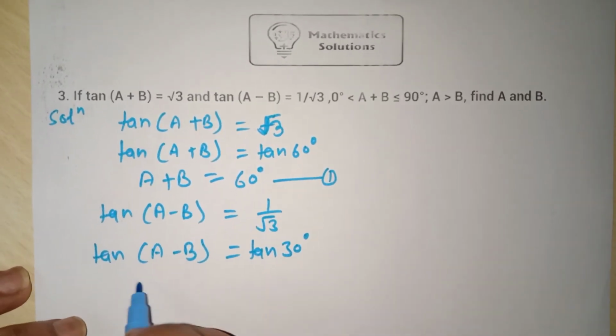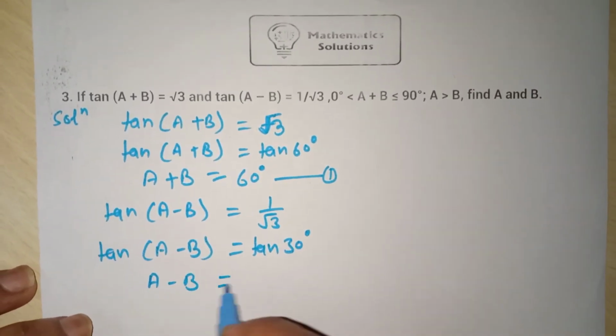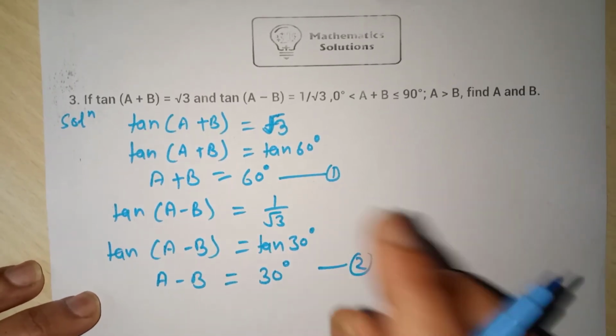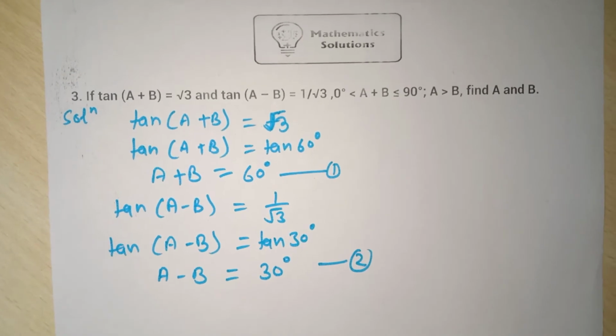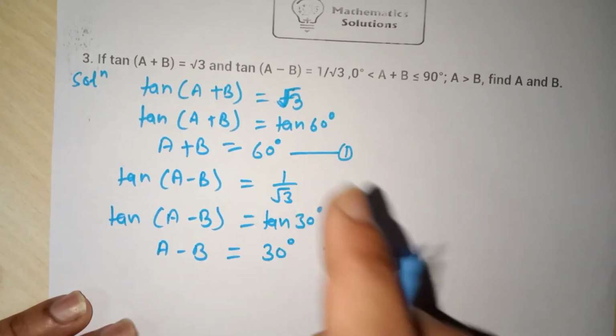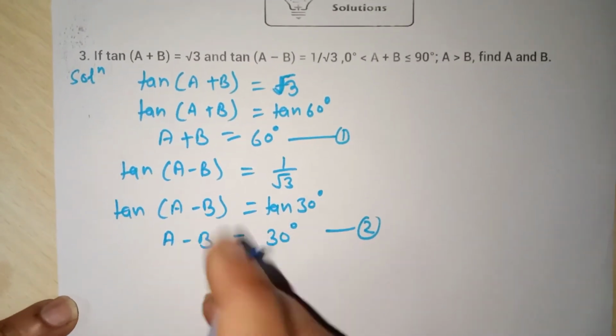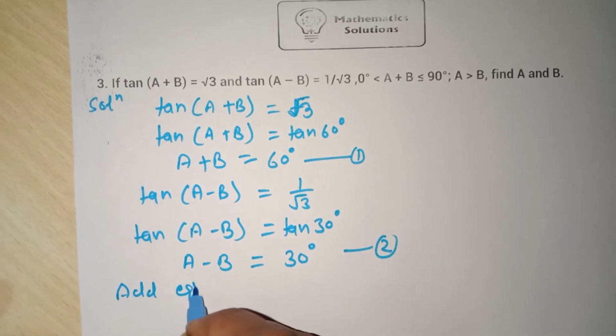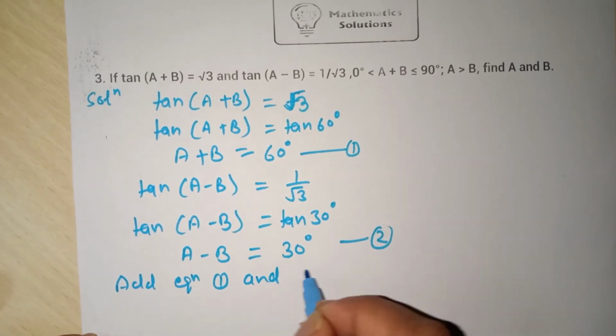Now compare the like terms. We get A minus B is equal to 30 degree. Now we have two equations, and to find the value of A and B, we will use the elimination method. These are in opposite sign. Add equation 1 and 2.